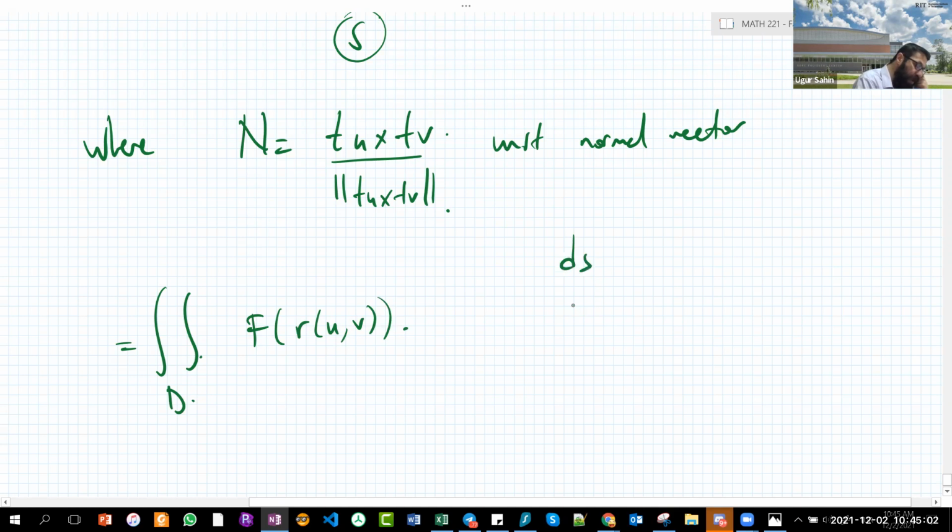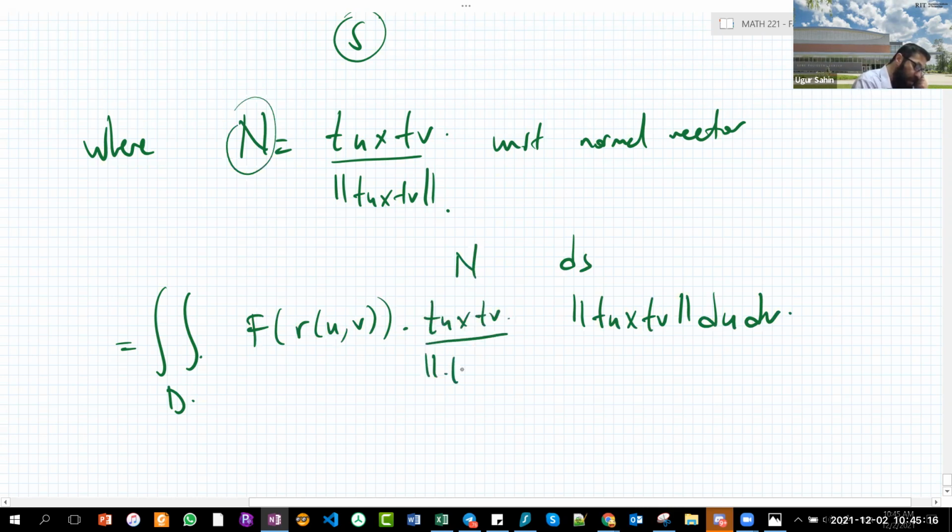If you use parametrization, the dS part will be equal, as you know from the surface area discussion, to this, du dv. But look at the N part, it is going to be basically this, divided by the length of tu times tv. I hope you now see why I chose N as a unit vector: I want to cancel these.